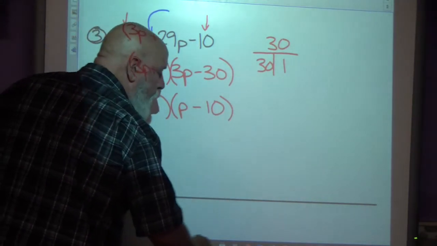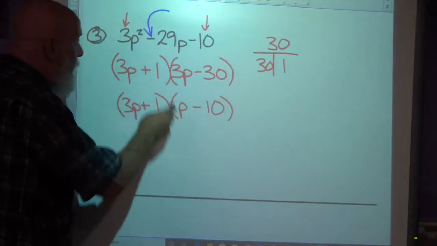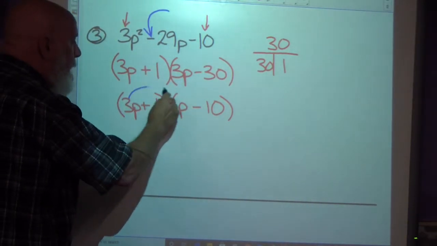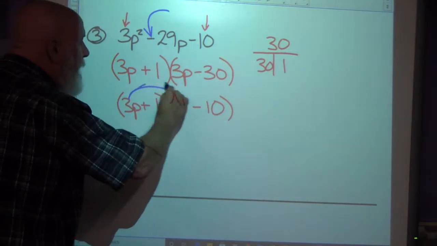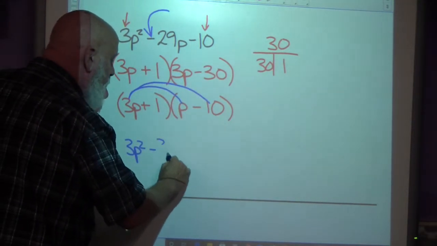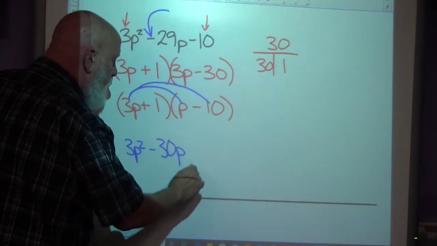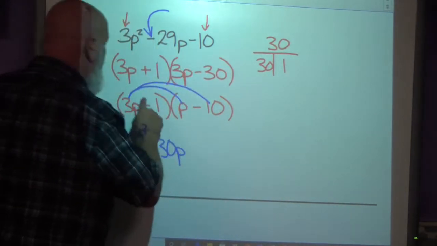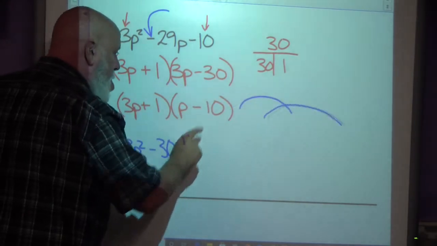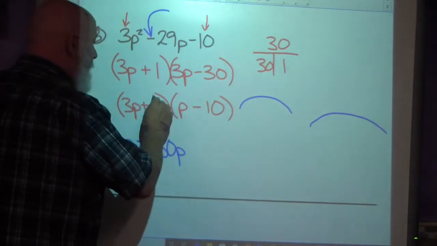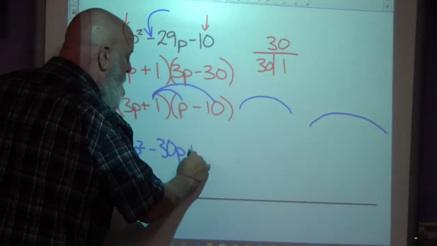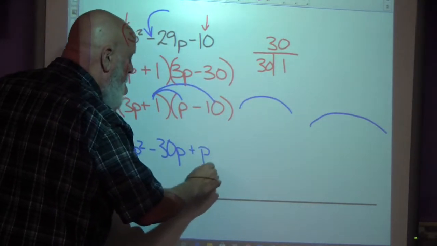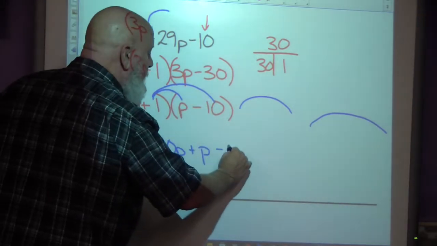I'll go ahead and FOIL this last one to show you that it actually will give me this. 3p times p is 3p squared. This is just the check. 3p times negative 10 is negative 30p. Then I'm going to take that 1 and distribute it. 1 times p is plus p, or plus 1p. And 1 times negative 10 is negative 10.